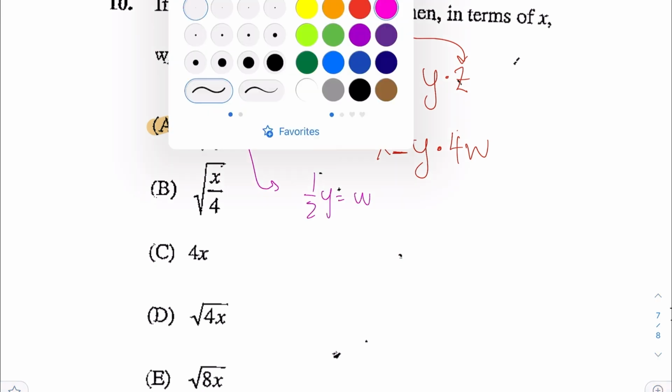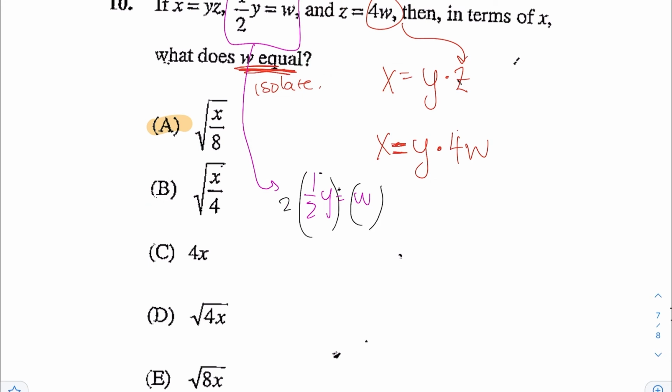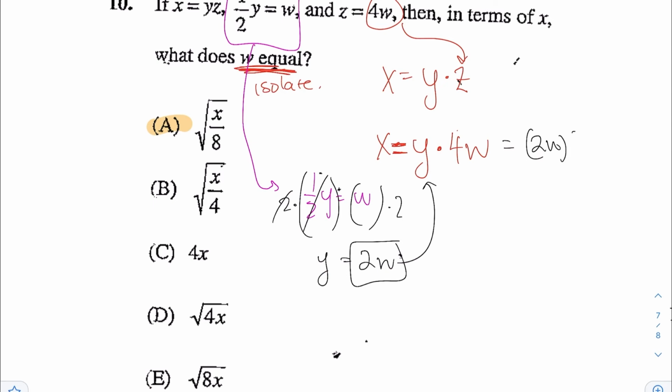Well, if you multiply both sides by 2, the 2 and the 1/2 will cancel out because they are inverses. Y will be equal to 2w. So then you can replace this y with 2w. So you have x is equal to 2w times 4w. Or x is equal to 8w squared.